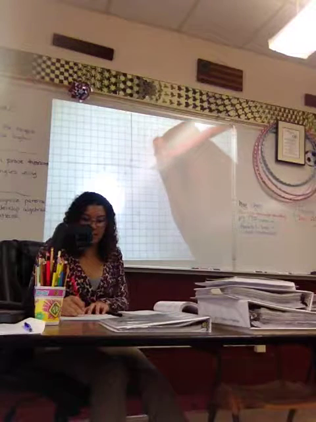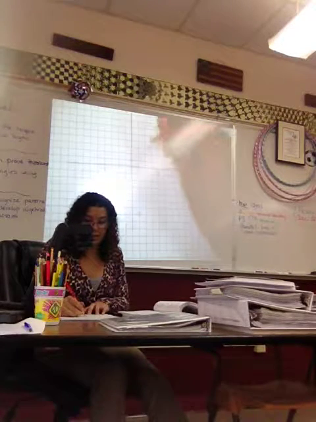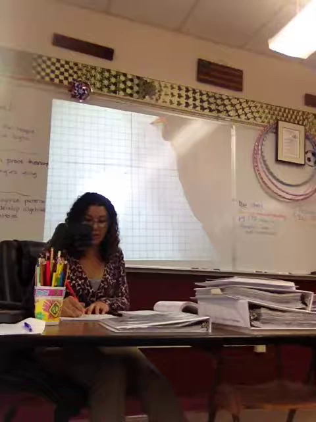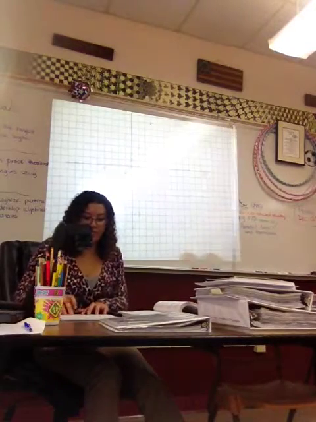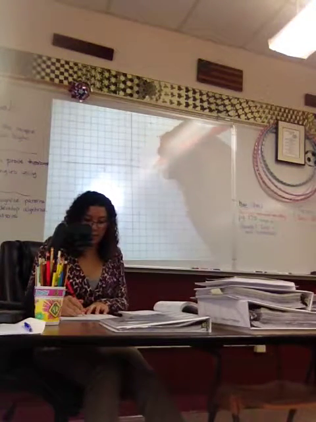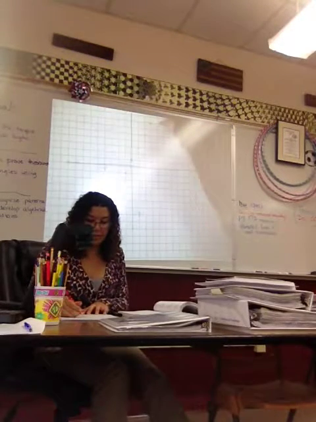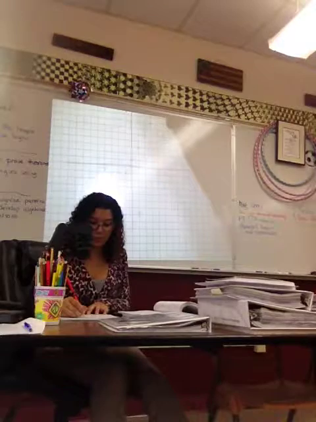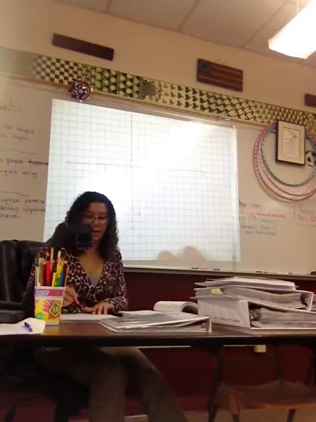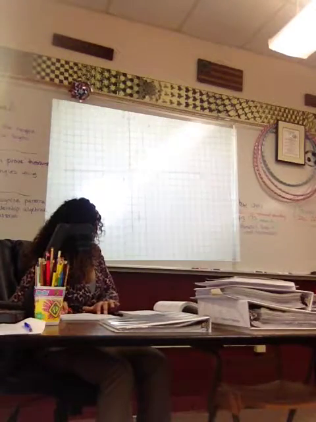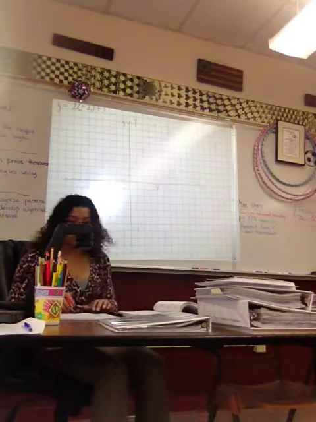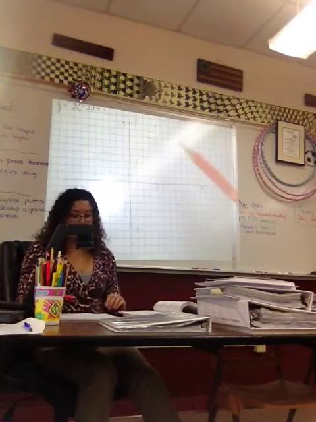Over 3, up 2, 3, 4, 5, 6, 7. Our last point was over 4, then up 9. Okay. So this should be what our graph looks like for 2x plus 1.